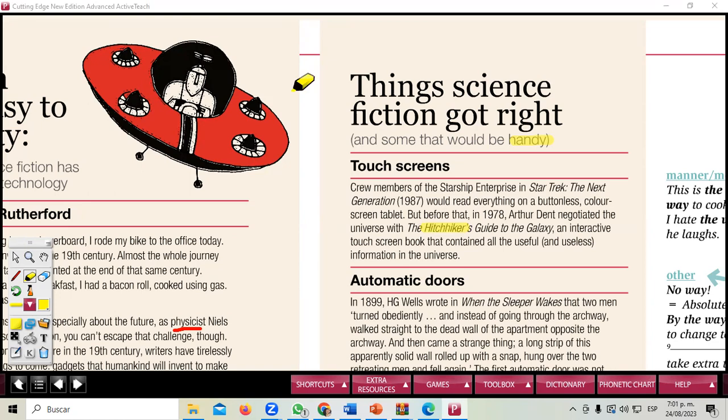So a hitchhiker is a person that travels from place to place, like on the road, on the motorways, asking people for rides. So they travel from place to place without paying much money. How do you say this in Spanish? A hitchhiker.